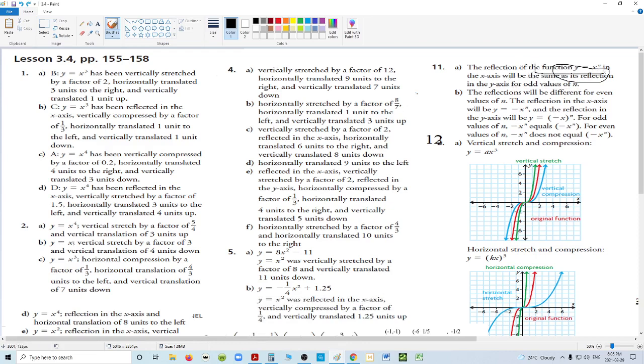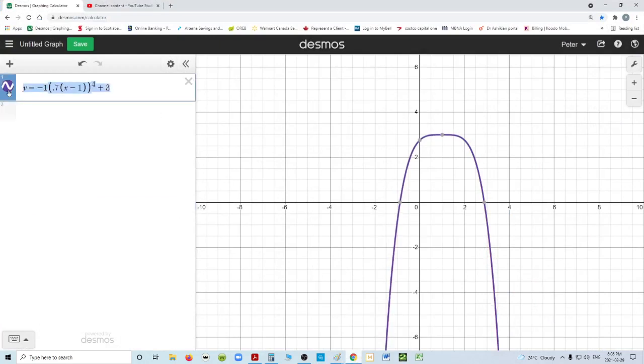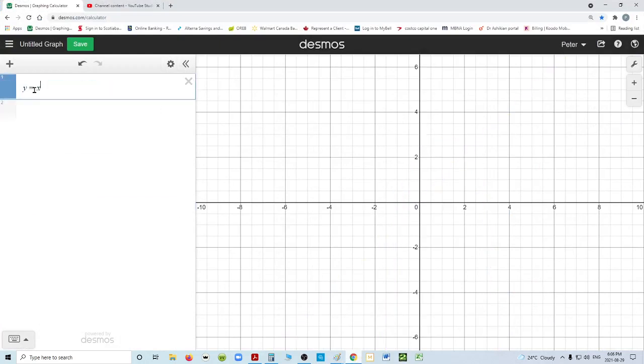The reflection of the function in the x-axis will be the same as its reflection in the y-axis for odd numbers of n. Okay, I see. So when will the reflection in the x look the same? Well, we already covered that, actually, when I showed you that x to the 3, when I put a minus out here, looked the same as when I put a minus in here.